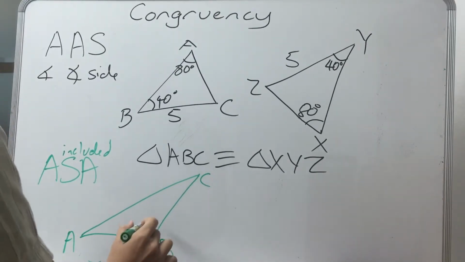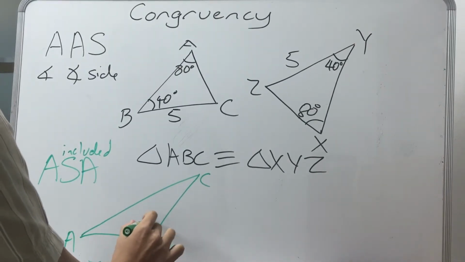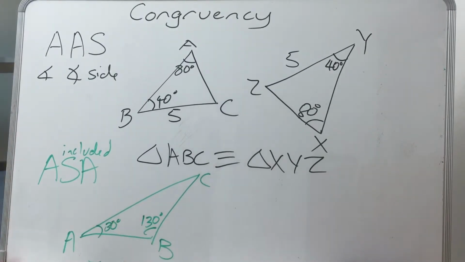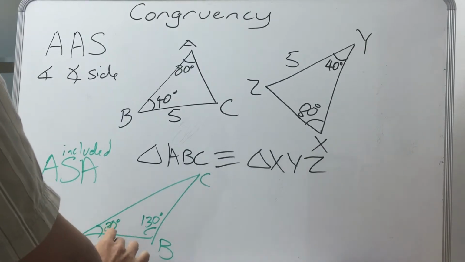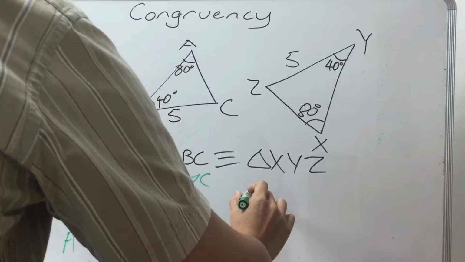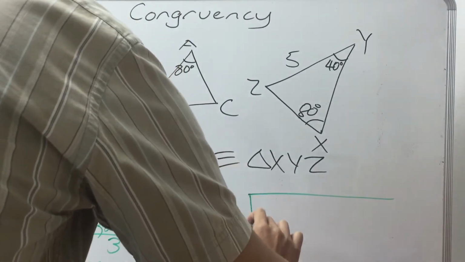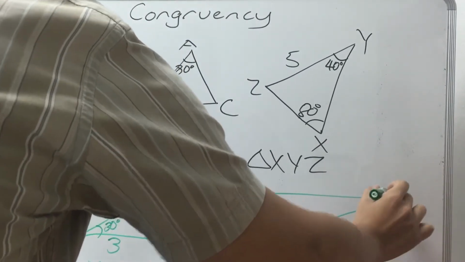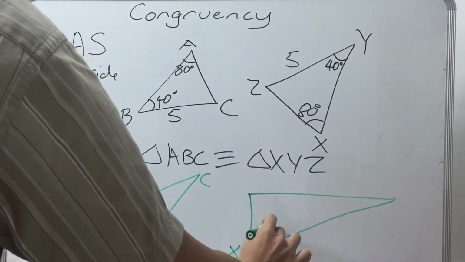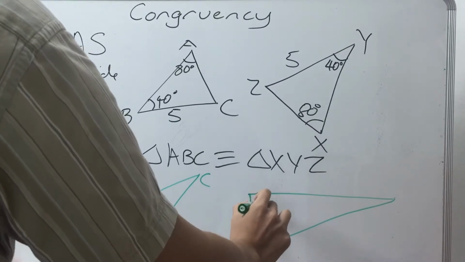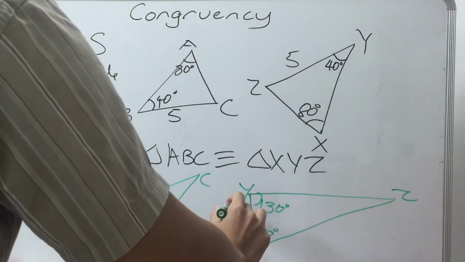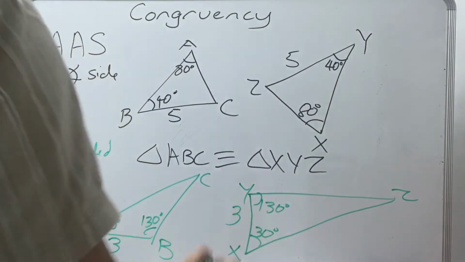Our triangle ABC, angle ABC is 130 degrees, angle A is 30 degrees, and side AB is 3 cm. Let's compare it to another triangle, our XYZ, which looks like this, 30 degrees here, 130 degrees here, and YX is 3 cm.